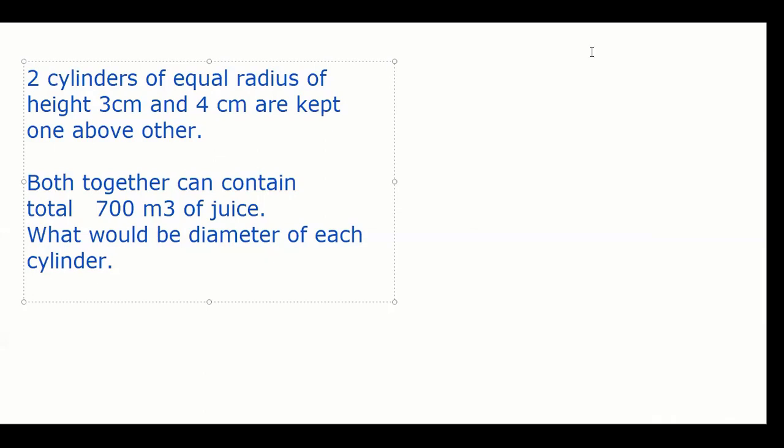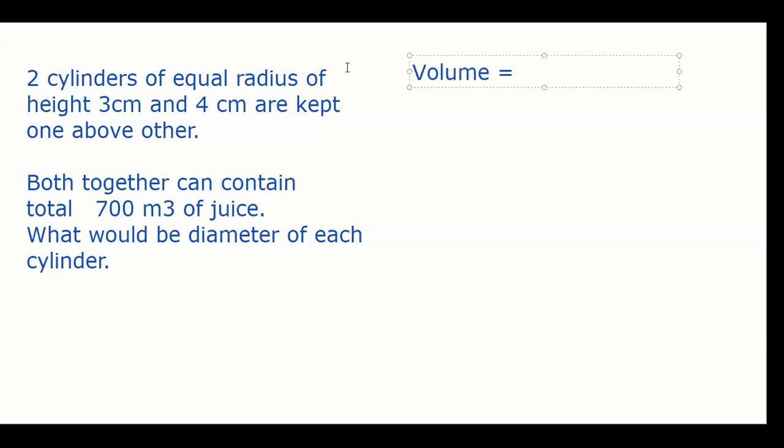Let's start. So now, as we know, the formula here is pi r square times height for the cylinder, right? Now we have two cylinders, so we need to add that two times.